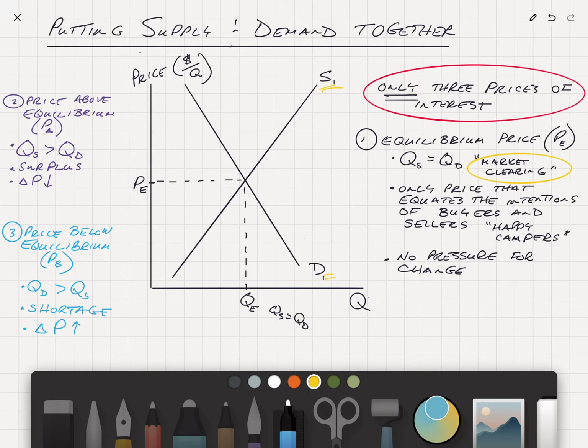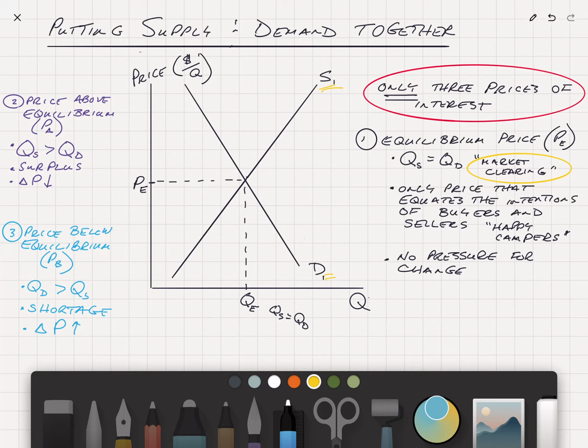Now, understand that the supply curve and the demand curve represent the buying and selling intentions of a whole host of people. There's only one price that will equate the intentions of buyers and sellers.